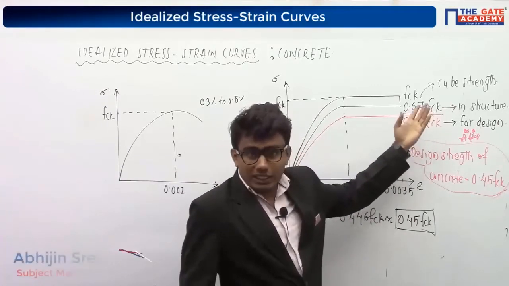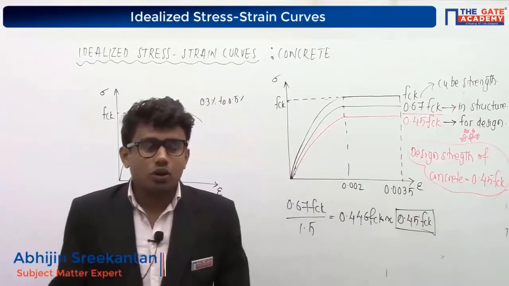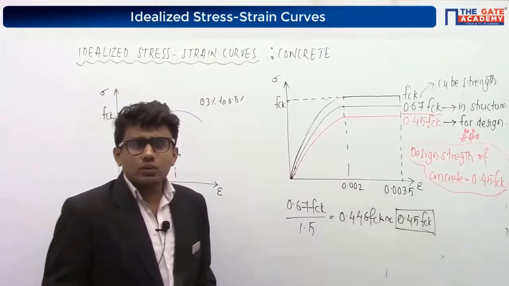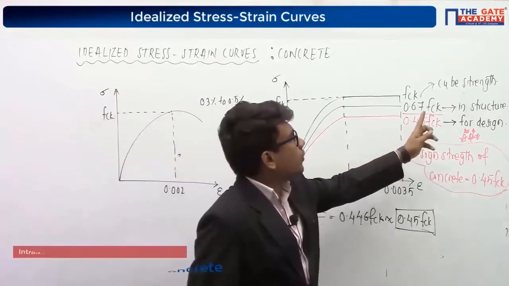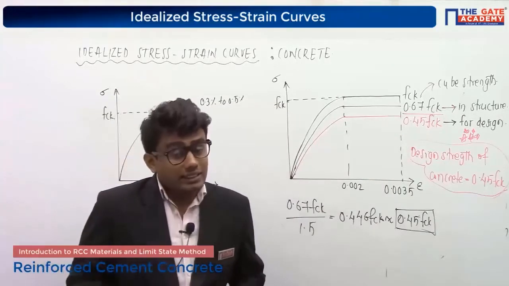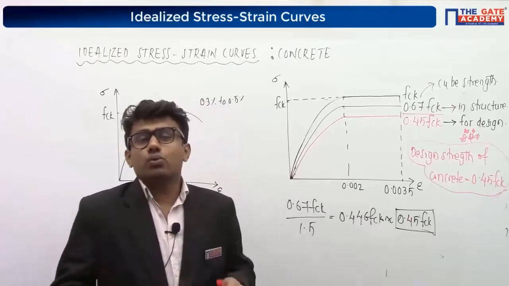For the design, we have to underestimate it by considering the partial safety factor for material, for concrete it is 1.5. Divided by 1.5, we get the design strength of the concrete, that is 0.45 fck or 0.446 fck.